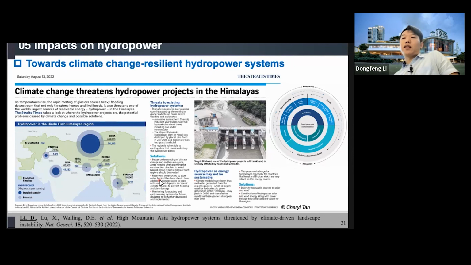I think this is really something we need to consider, especially for these high mountain river systems. So hydropower in the Himalayan countries may not be a very reliable renewable energy source, and we also need to diversify the renewable sources, including wind and solar panels potentially.